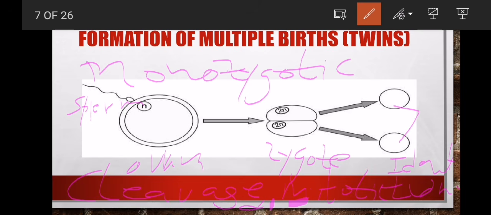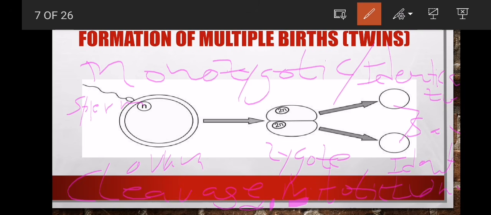Physical appearance, phenotype, we said they are identical. Hence, we give them a name and say these are identical twins. Gender, we said in terms of gender, they are the same. If they are both male, they will be male. If they are both female, they will be females.